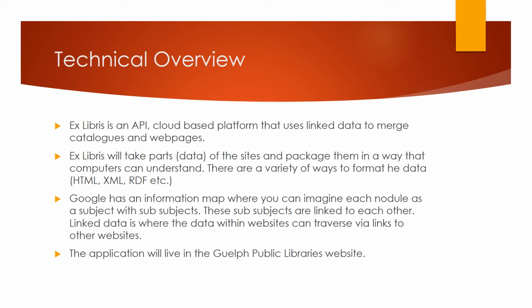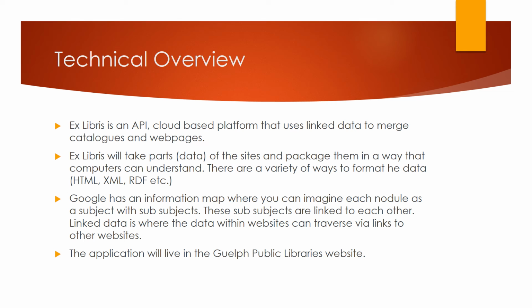There are a variety of ways to format the data, so you can use HTML, XML, RDF, etc. Let's try to imagine this. Google has an information map where you can imagine each node as a subject, with sub-subjects. These sub-subjects are linked to each other. Linked data is where the data within websites can traverse via links to other websites.